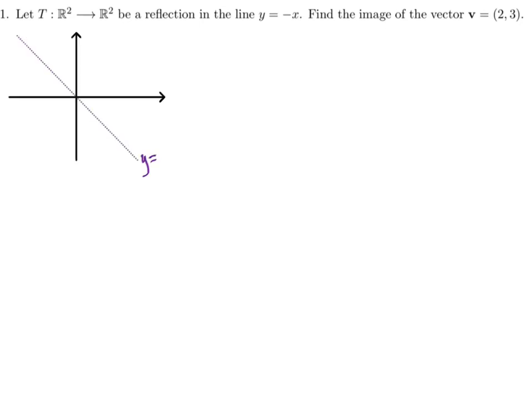So here's a picture. There's the line y equals negative x. We're going to get the standard matrix for it by looking at the standard basis vectors. So here's E1. It's sitting on the x-axis. When we reflect that across the line, we're changing both of the components.